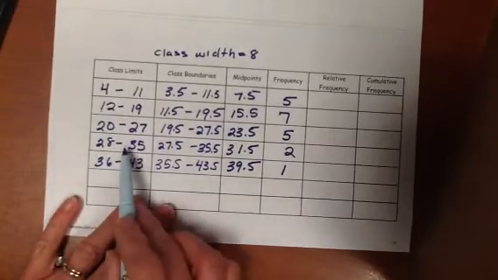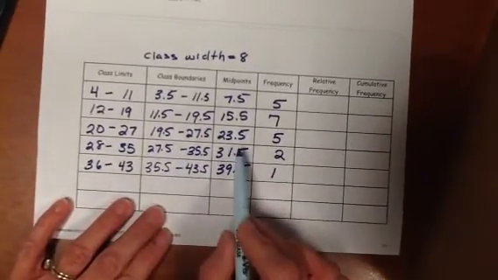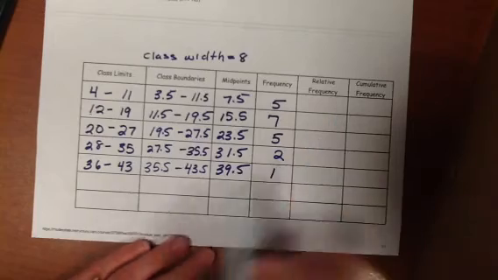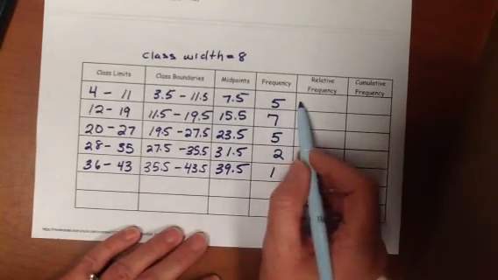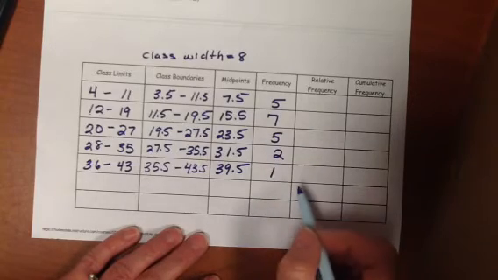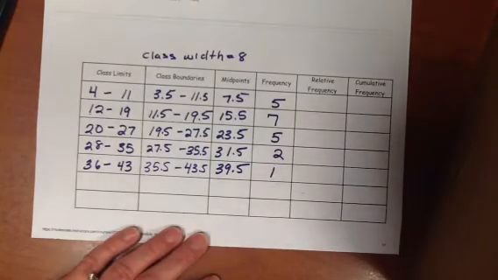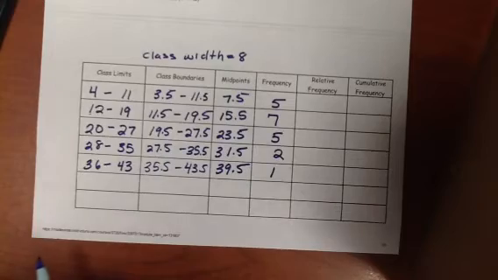So we have our class limits, our class boundaries, our midpoints, our frequency. Now the relative frequency, we're going to take the frequency for each class and divide by our sample size. So when we had collected this data, I had said there were 20 students.